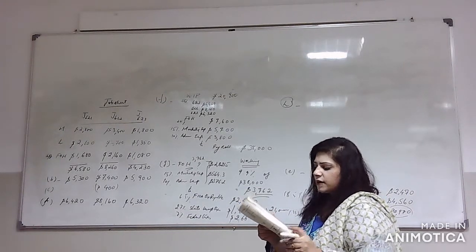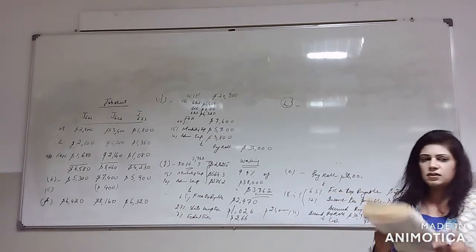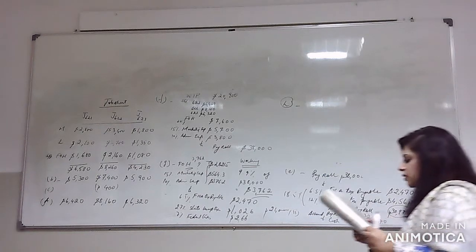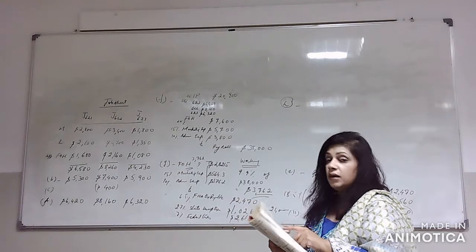Included in this was 2,000 for depreciation of factory building.